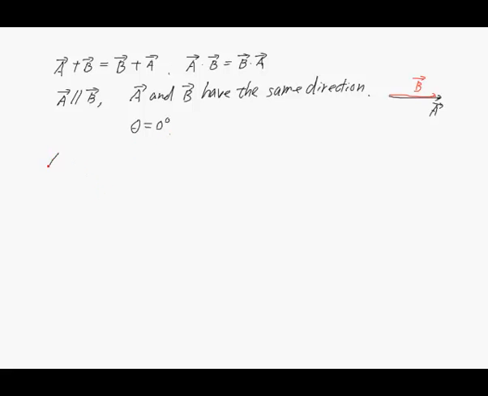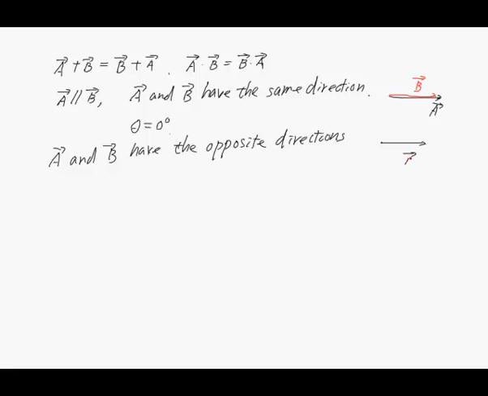And if A and B have opposite directions, then A is like this.